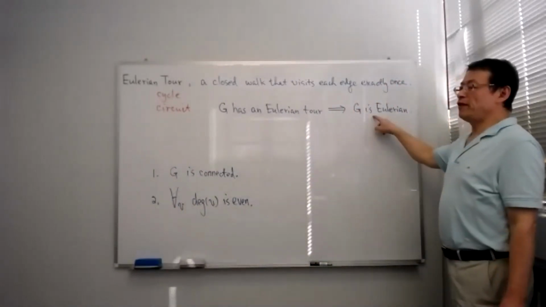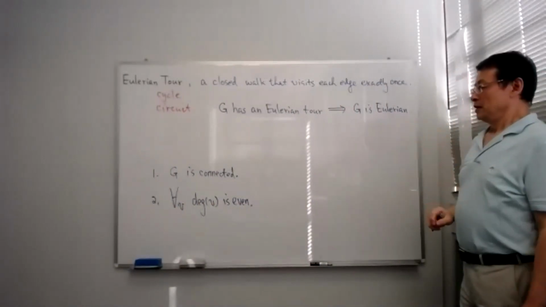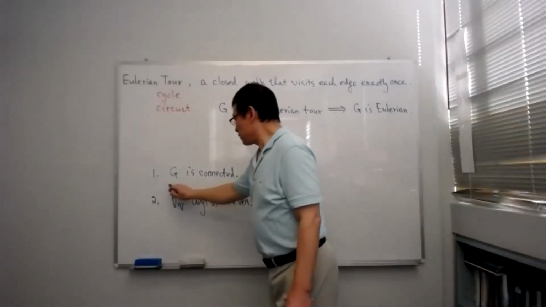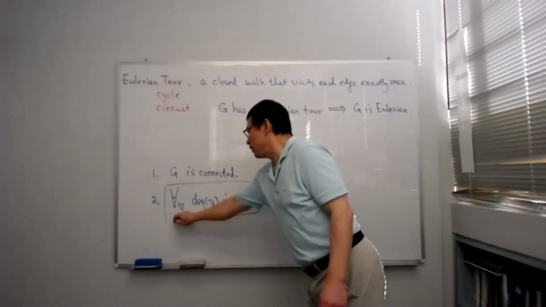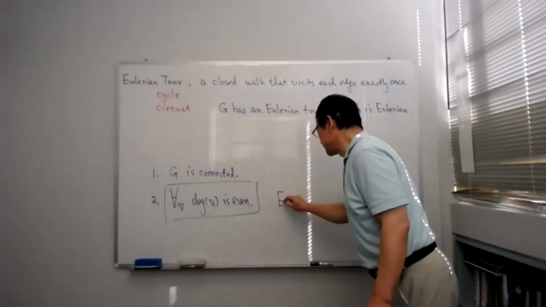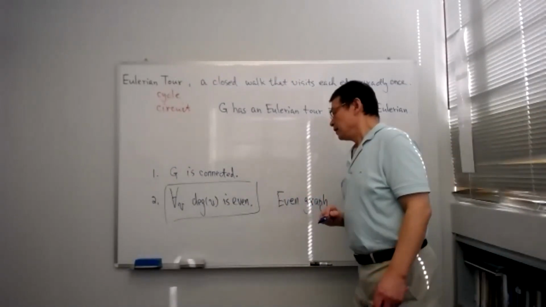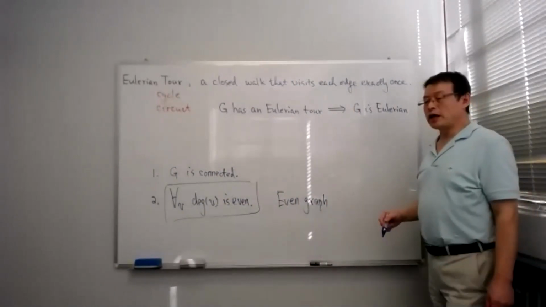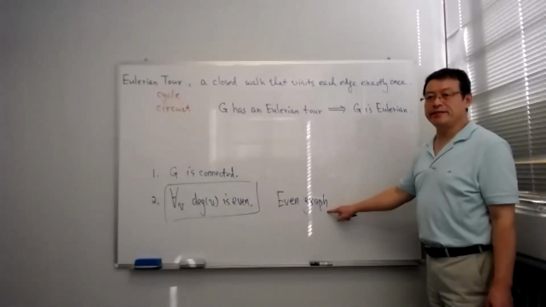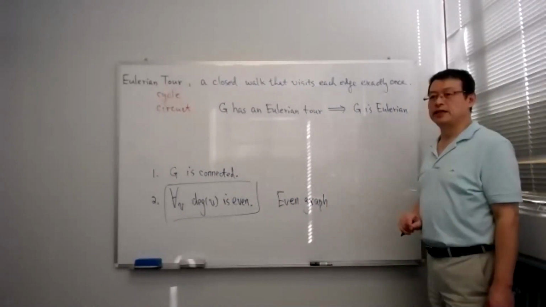Okay, then we call the graph Eulerian graph. A graph with this condition is called an even graph. So the even graph is a graph where every vertex has an even degree. It's called even graph. All right.